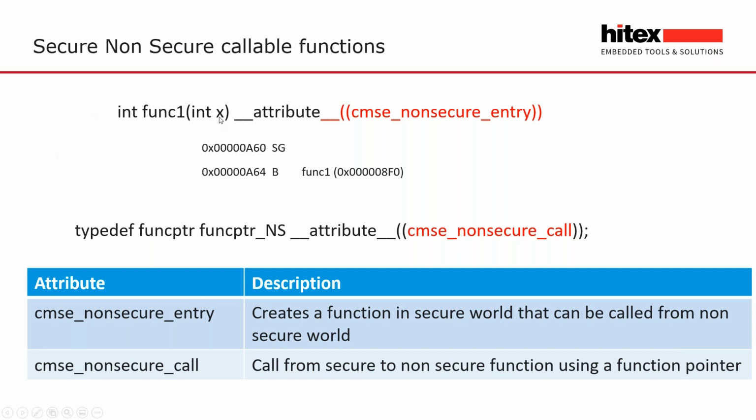We'll pass a callback value that will be placed into the function pointer, and then we can call the function in the non-secure region. But this function pointer has another attribute that labels it as being able to call the non-secure code. This will then generate the correct instructions and returns within the underlying assembler code.